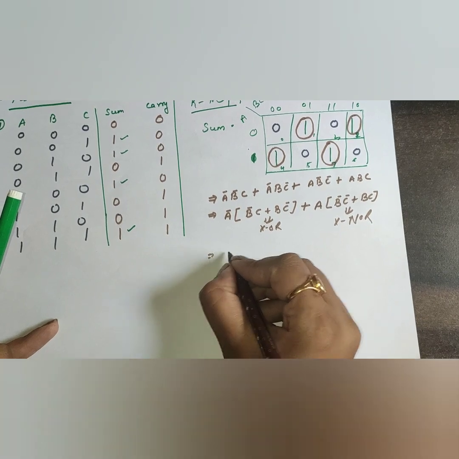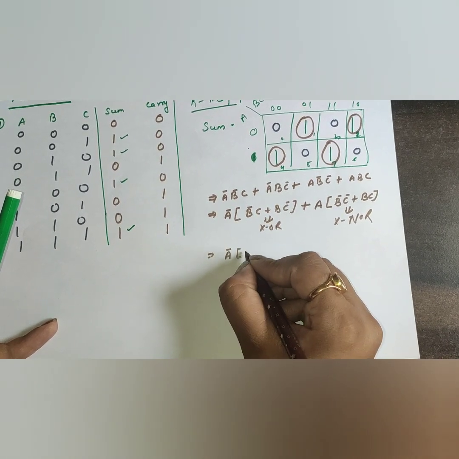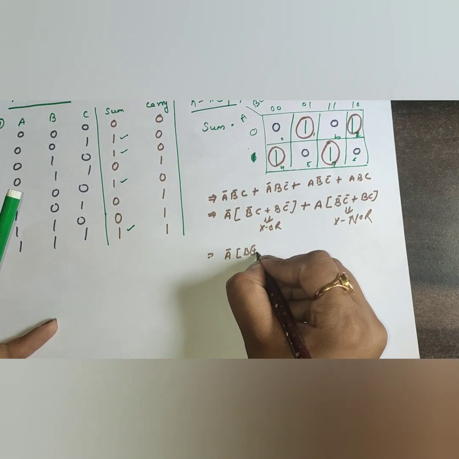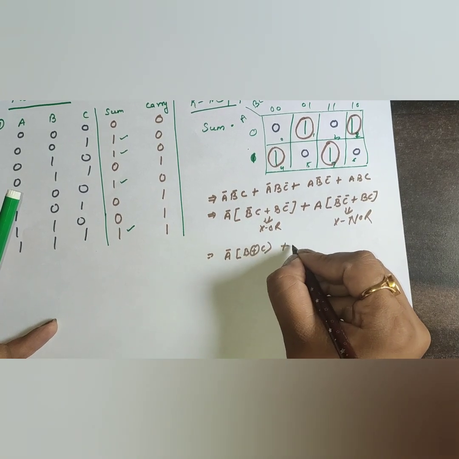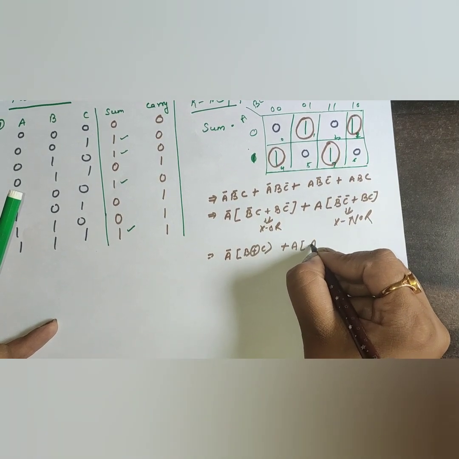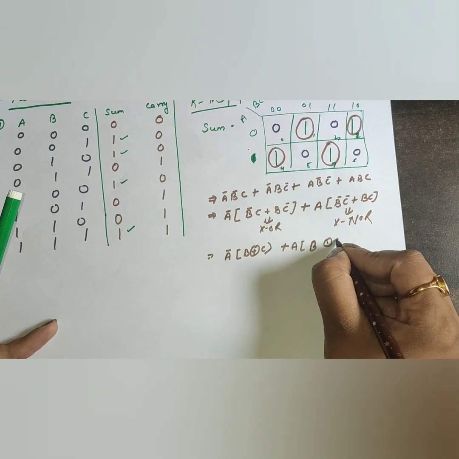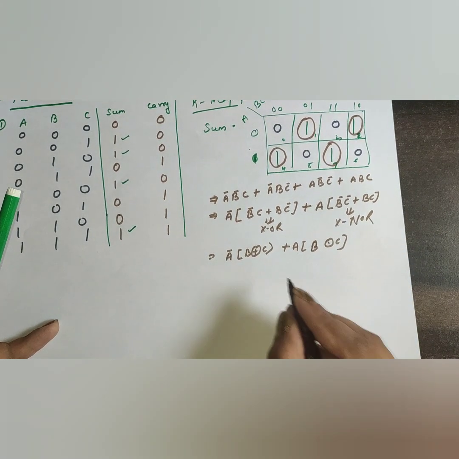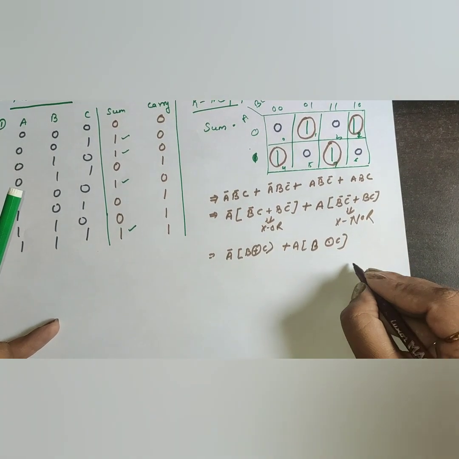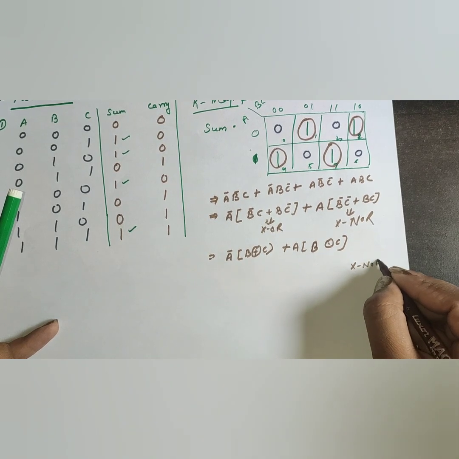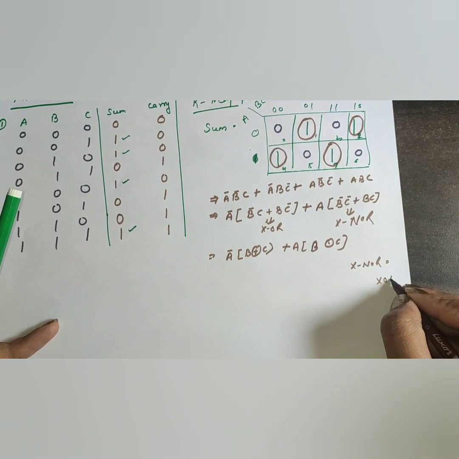So you can write A bar, B XOR C plus A, B XNOR C. See, this is a symbol of XNOR and this is a symbol of XOR. So XNOR is equal to XOR bar.